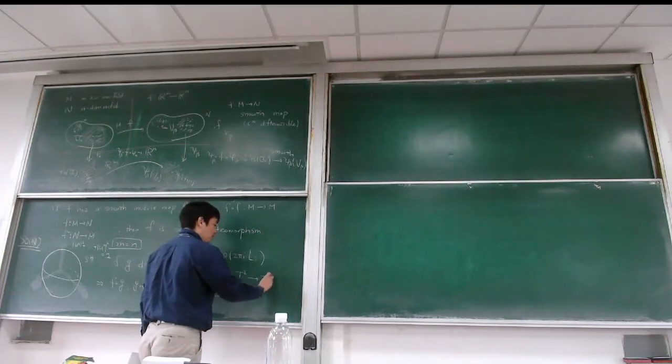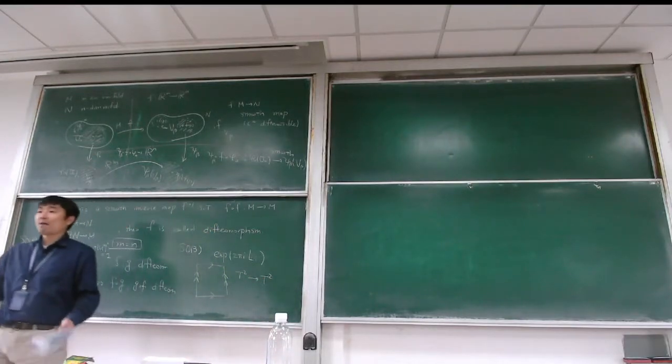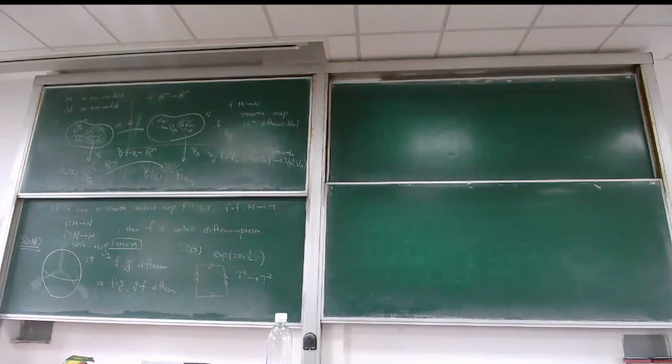So I want to construct a smooth map which is invertible from itself to itself, T2 to T2, except the identity.